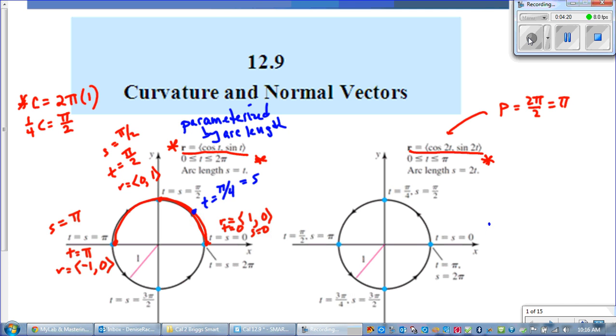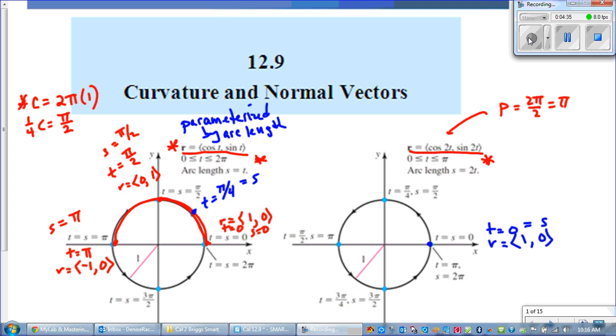Now let's look at this second parameterization. If t is equal to 0, we have r equal to cosine of 0, which is 1, sine of 0, which is 0. So again, we're at the point (1, 0). The arc length at that point is also 0.